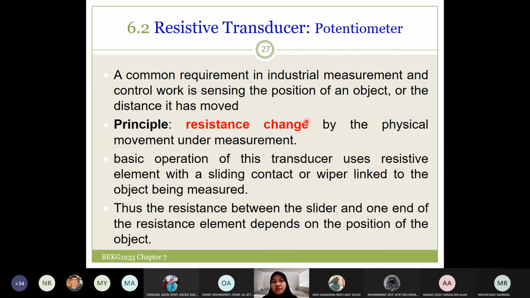Basic operation of this transducer uses resistive element with a sliding contact. So this is for potentiometer. Now we focus on potentiometer. So potentiometer relates with the distance or movement.